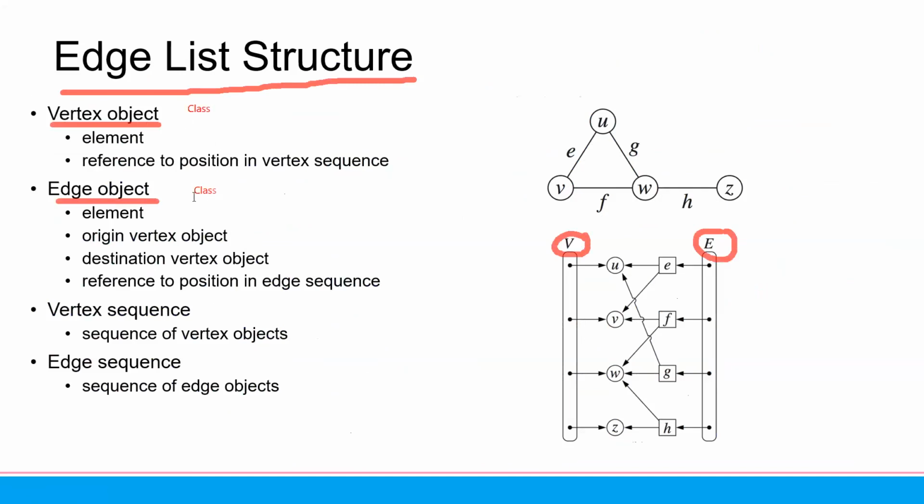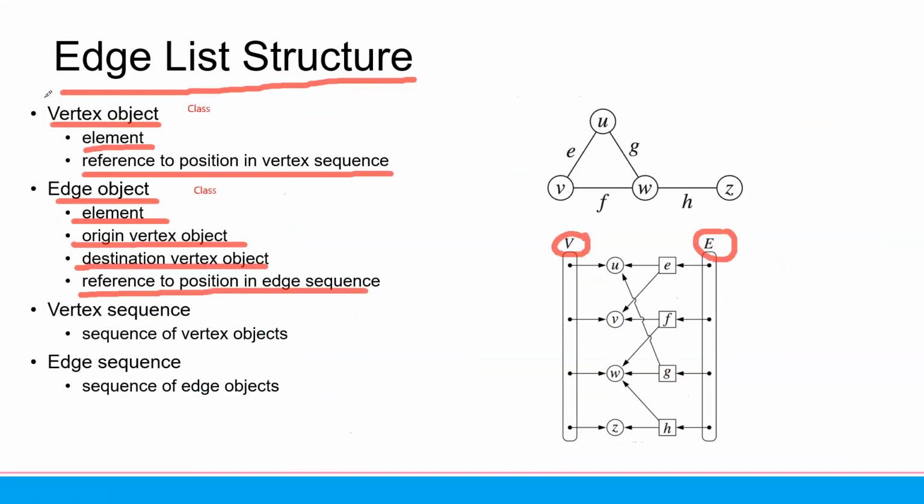We can create a class of vertex, and then we can create a class of an X. In every one of these classes, we will have the element, and then we can have the reference to position in the vertex sequence. In the X object, we have the element, we have the origin vertex object, we have the destination vertex object, and then we have the reference to position in the X sequence.